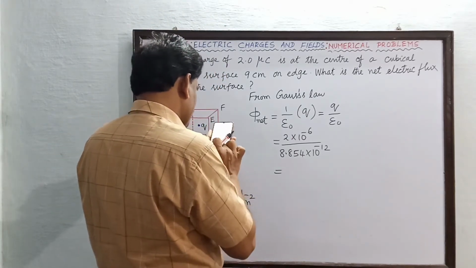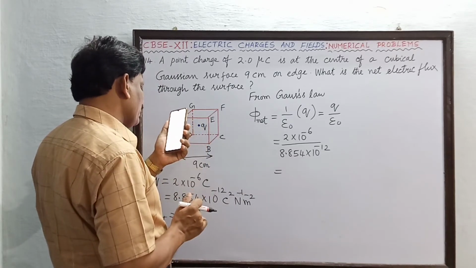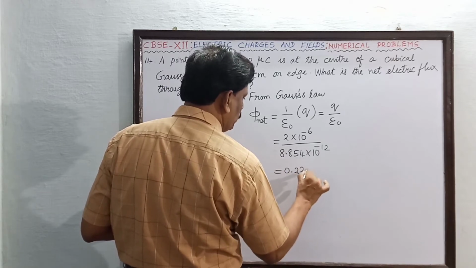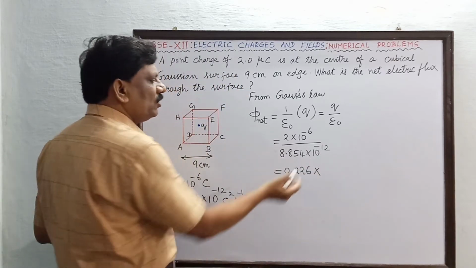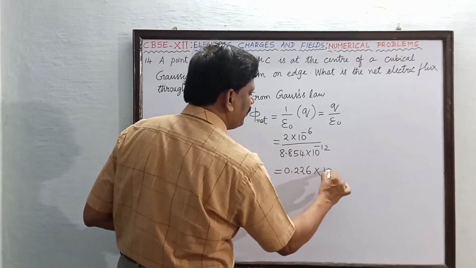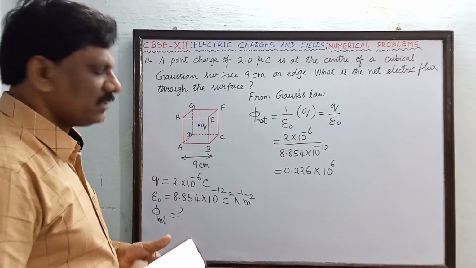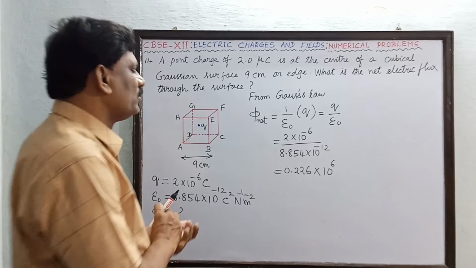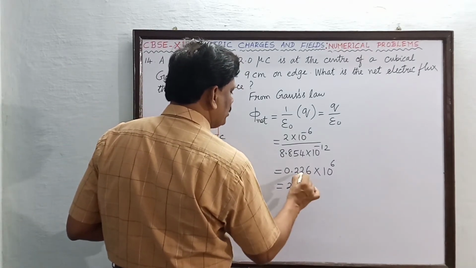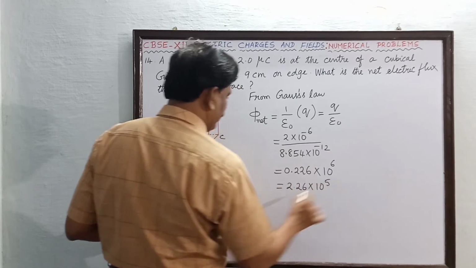So this is found to be equal to 0.2258, about 0.226, into 10 power minus 12 comes up as plus 12, so into minus 6 will become 10 power 6. So this is 0.226 into 10 power 6, or it can be adjusted that decimal is shifted, 2.26 into 10 to the power of 5.